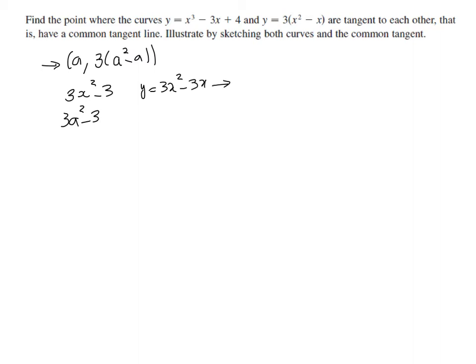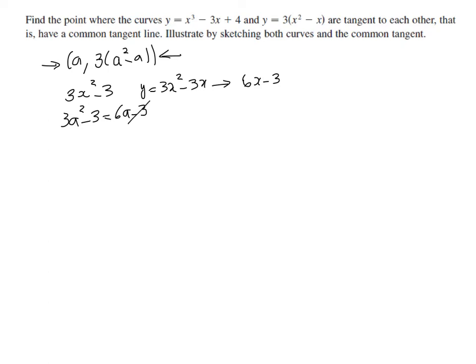The derivative is going to be 6x minus 3. If I evaluate it at this point with x equal to a, I get 6a minus 3, which has to be equal to the first slope.